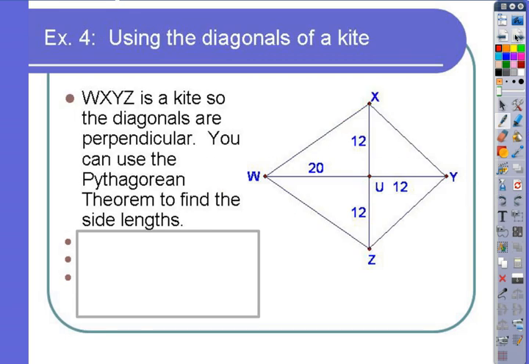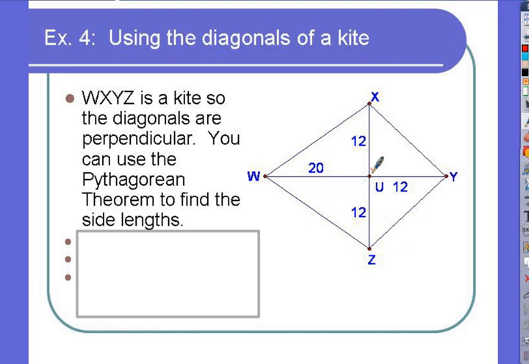So we could use that information, for example, if we wanted to know the lengths of the sides. Say we were given information about the lengths of the diagonals of a kite. We knew this segment here, WU, was 20, UY was 12, and then each of these segments were 12 as parts of the diagonal.